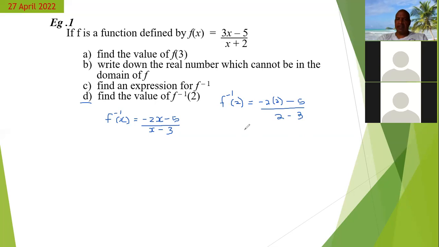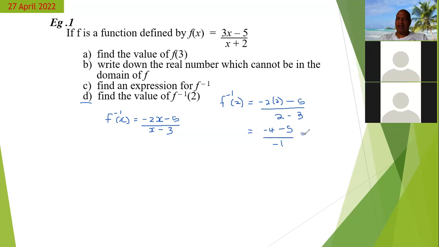Anybody with the answer? That shouldn't be taking you so much time, you know, guys. There are -4 minus 5 over negative. All right, so let us simplify the numerator. So we have -2 times 2 gives you -4, -5, over, if you have a +2 and a -3, that becomes -1.